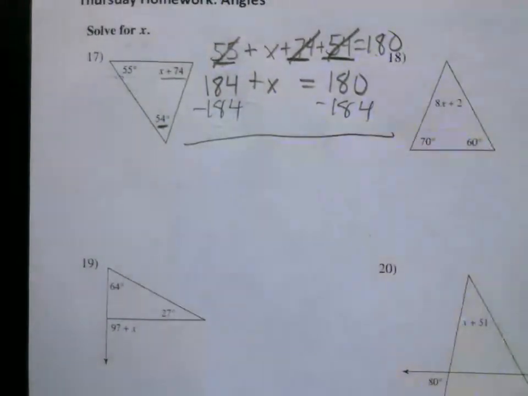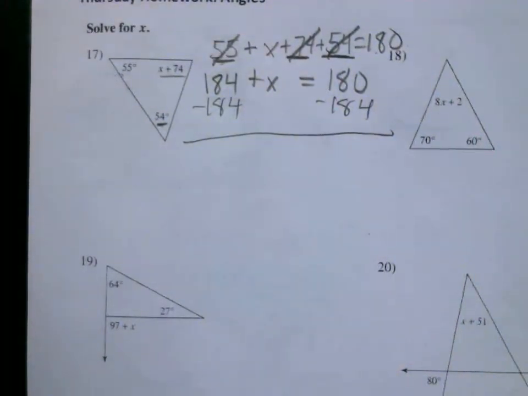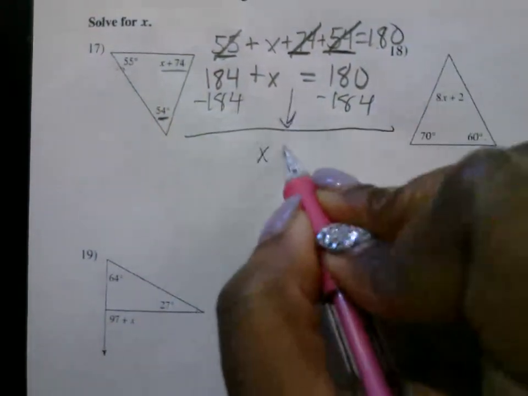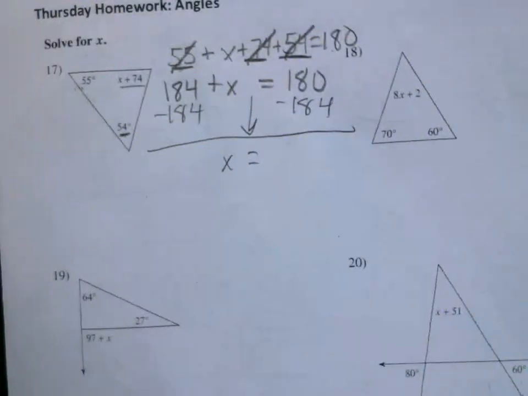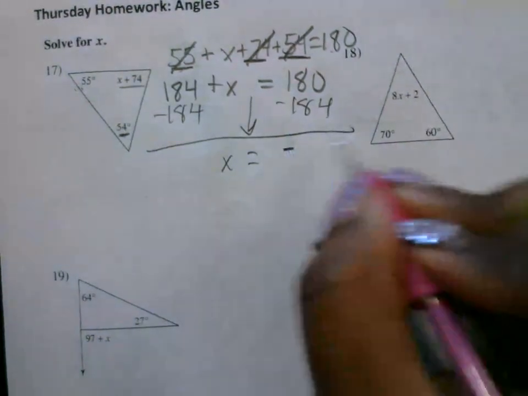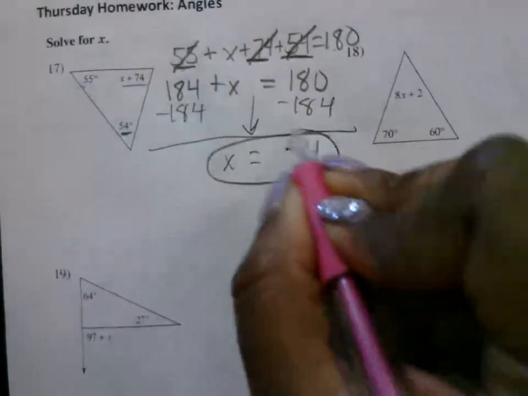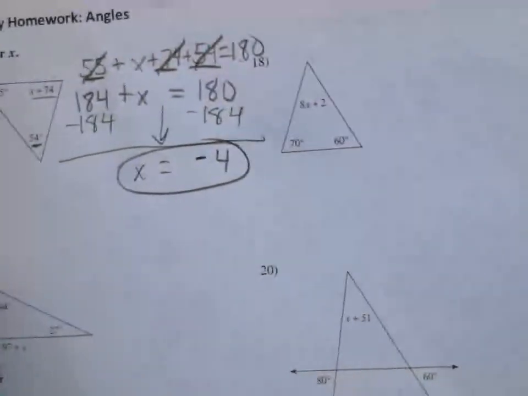So when you subtract the 184 from both sides, this is going to give me x. This is going to be a negative what? What is 180 minus the 184? That's a negative what? Negative 4. X here is equal to negative 4.